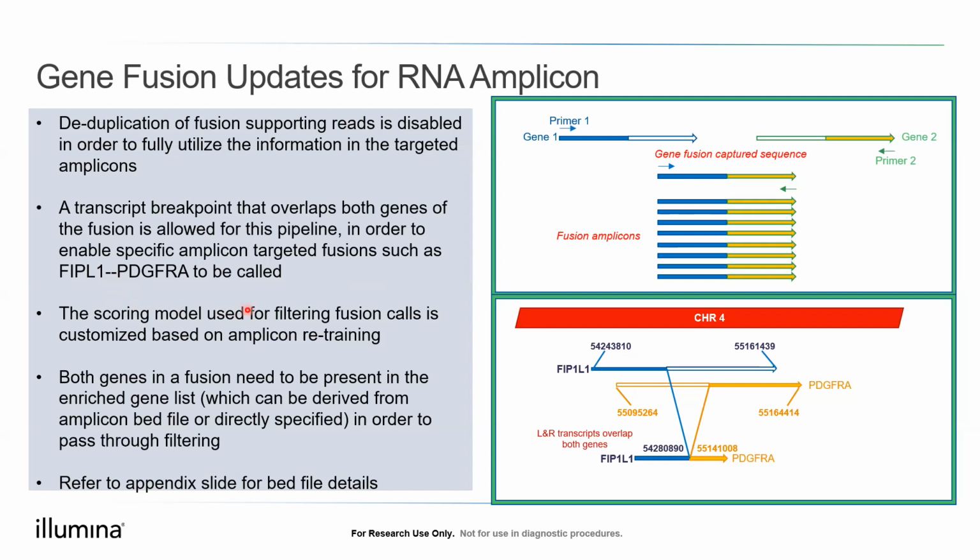There is an ability to have a scoring model, which the user can change and modify. Both genes in a fusion need to be present in this enriched gene list. This is essentially the gene list that we can derive from the amplicon bed file, so you need to make sure that the bed file is properly constructed. We are showing more details on how to create this bed file.